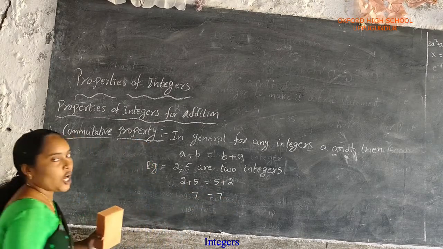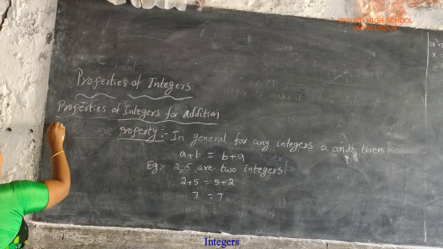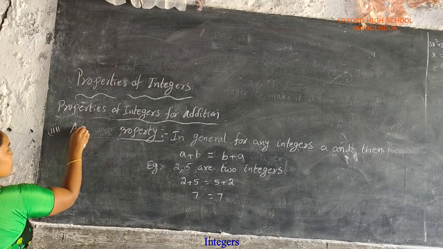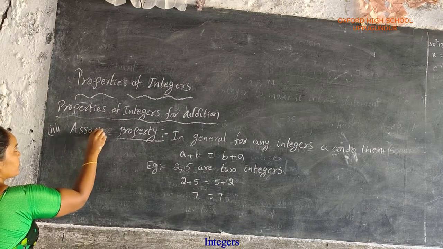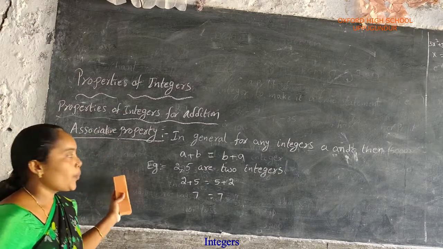Next property is associative property. Third one. Associative property.